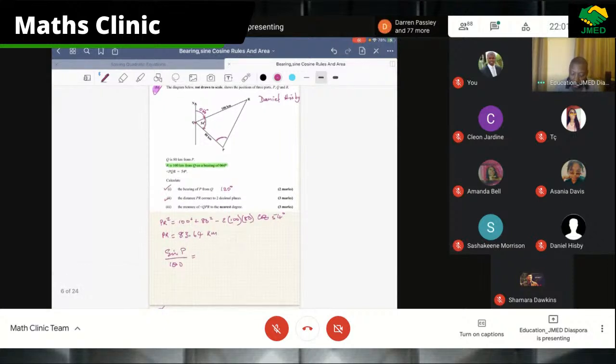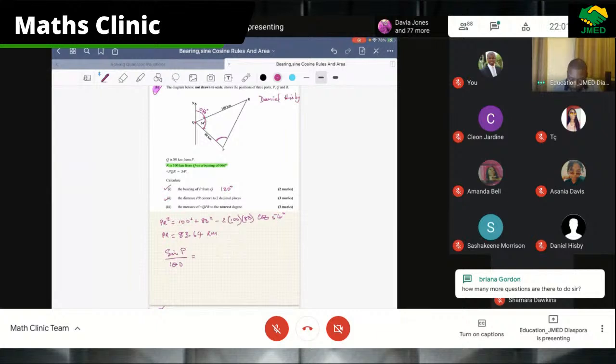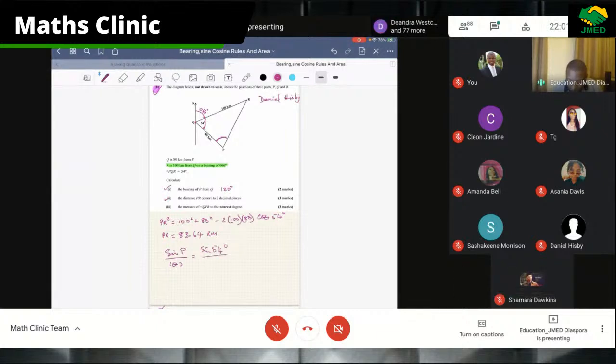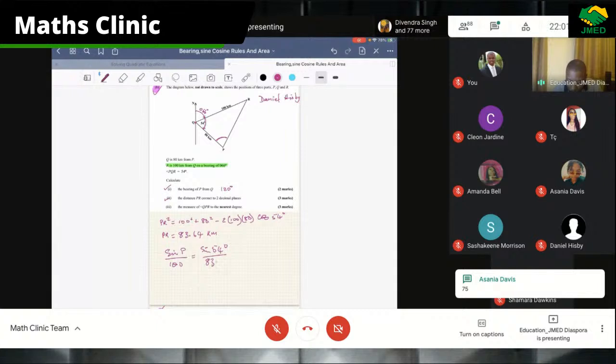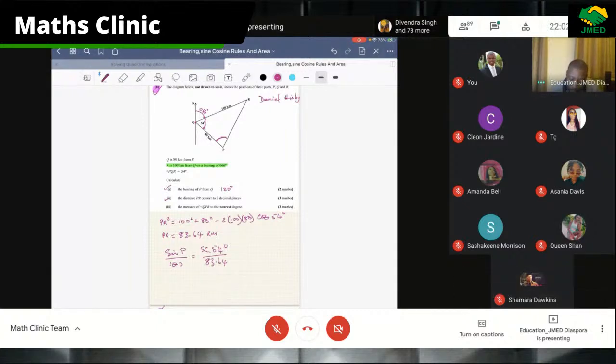54. What's missing? Yeah, we just worked it out. 54 is equal to sine 54 degrees over 83.64. We just worked that out. Good?